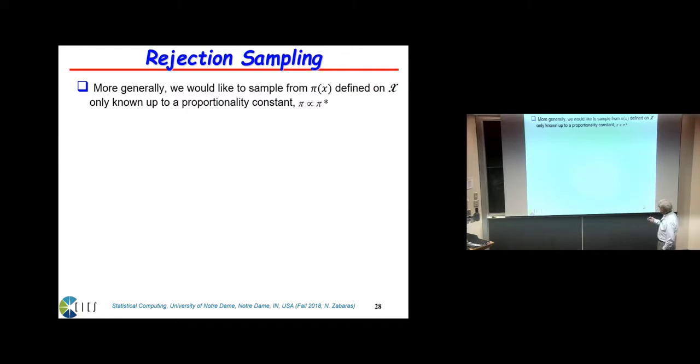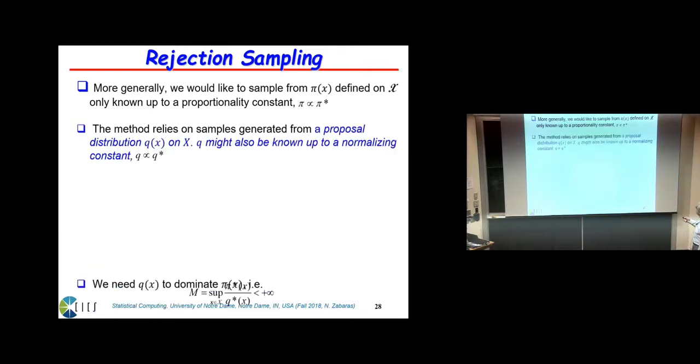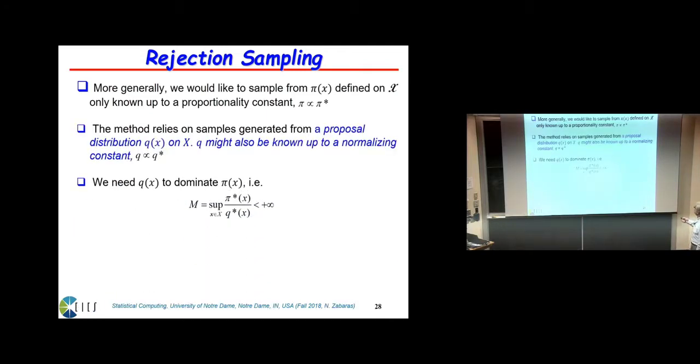Okay, so we assume that we want to sample from P of X, and we only know P up to some normalization constant. The idea is we will not sample directly from P, but from some so-called proposal distribution. This proposal distribution will be way easier to sample.